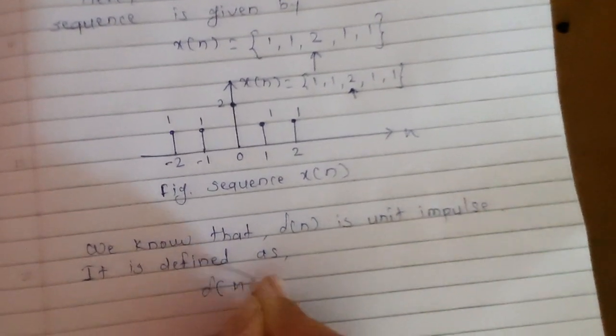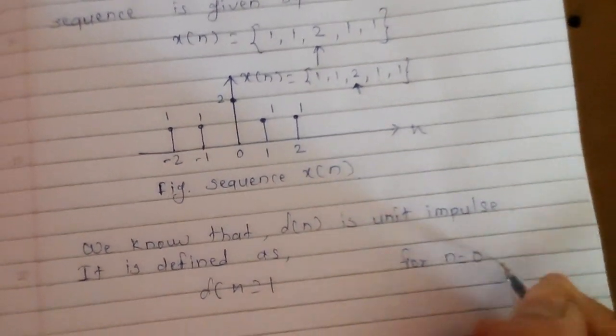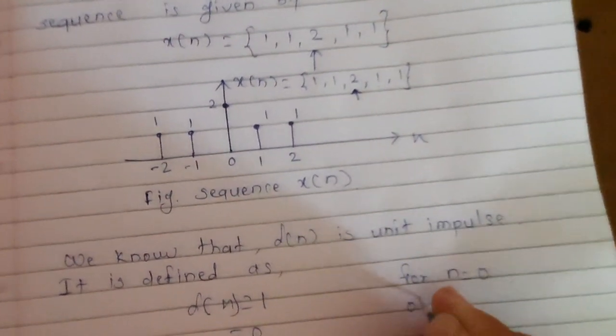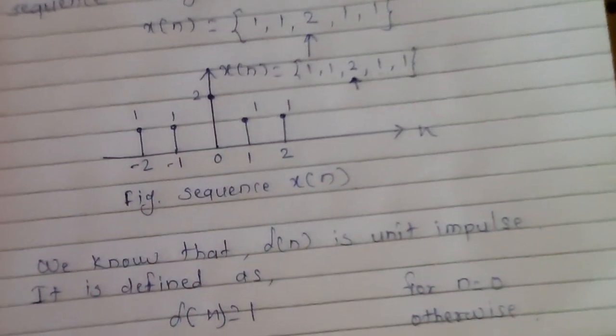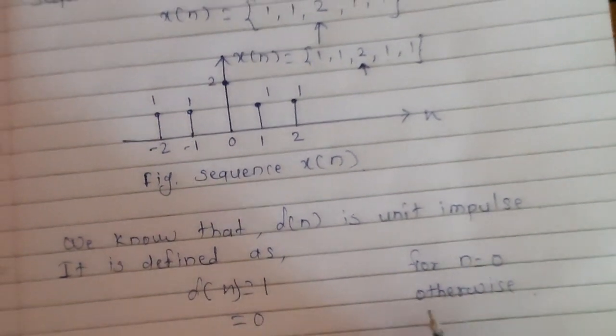Delta of n is equal to 1 for n equal to 0, and it is 0 otherwise, that is for any other values.